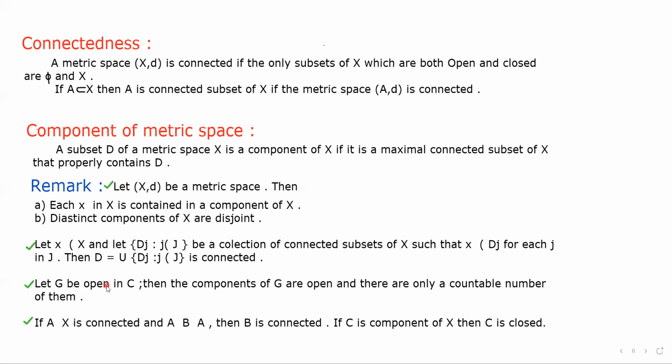Then next, let x0 belong to X and let the set Dj be a collection of connected subsets of X such that x0 belongs to Dj for each j in J. Then D, which is the union of Dj, the connected subsets of X, is also connected.